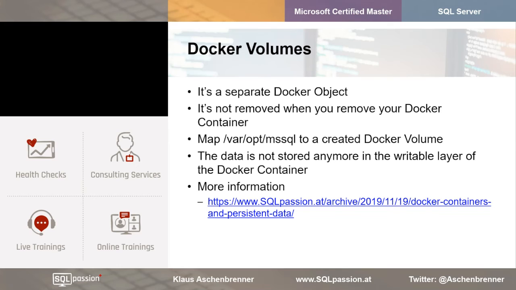And this gives you amazing possibilities with SQL Server on Docker, because you can migrate your SQL Server databases from one SQL Server version to another SQL Server version. And SQL Server supports migrations from an older version to a newer version of SQL Server, but you can also do a migration from a newer SQL Server version to an older SQL Server version.